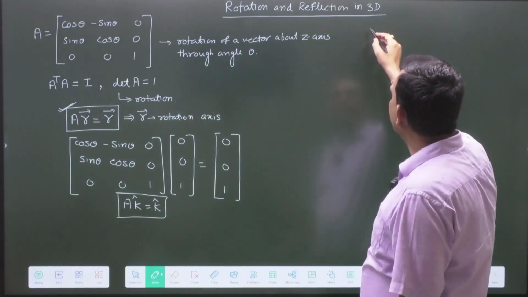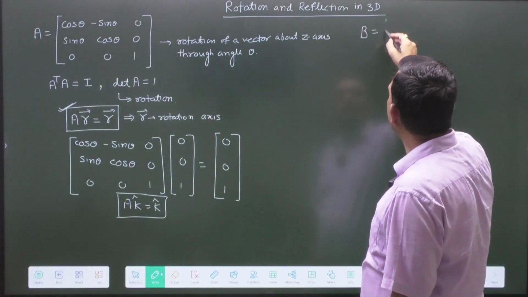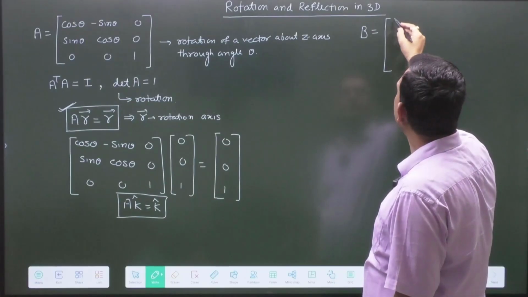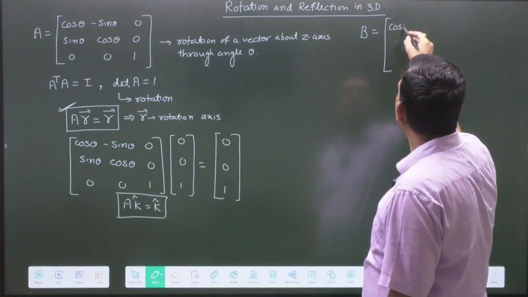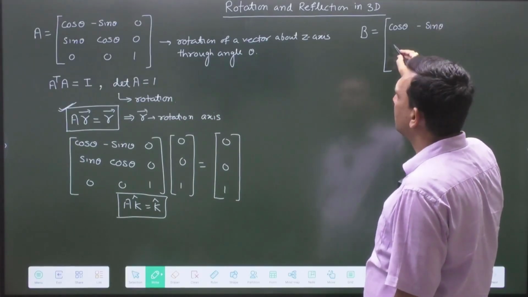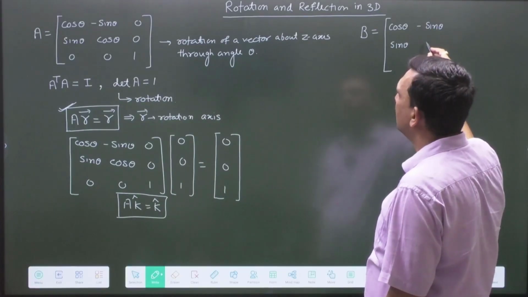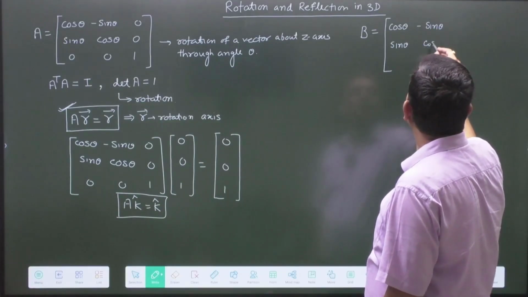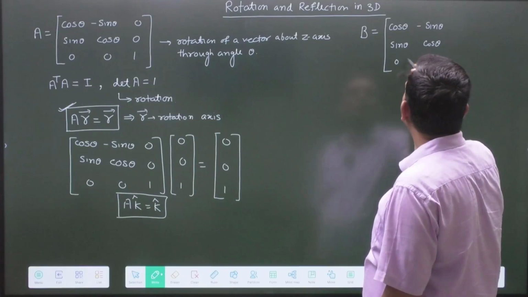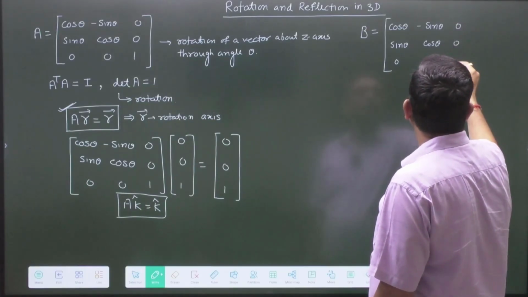There is another matrix B, and this is again cos theta, minus sine theta, 0; sine theta, cos theta, 0; 0, 0, minus 1.